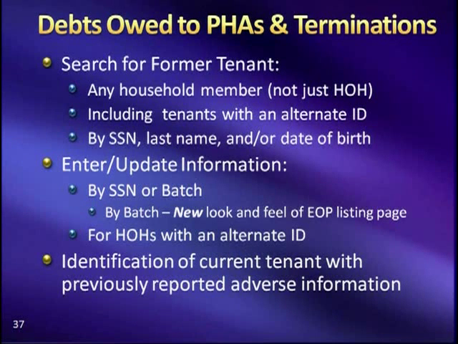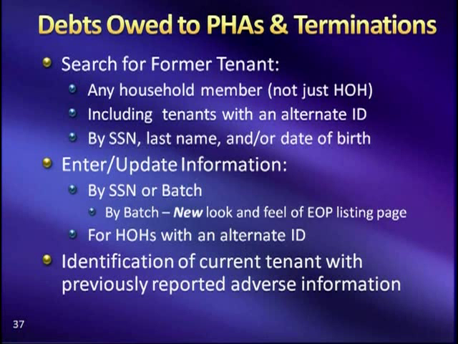And you will be able to identify your current tenants who might have been previously assisted. Because some of you are admitting new people into the program, but you don't realize that they're deadbeat tenants that you should not be admitting into the program. So now we've got a little flag in EIV.